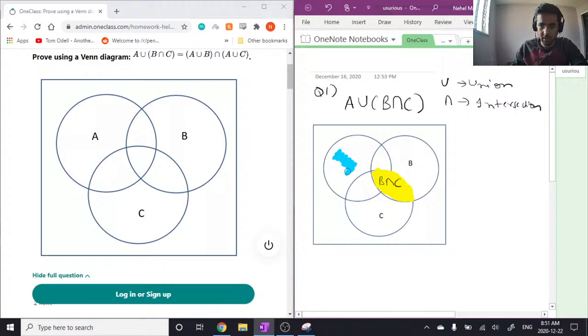So all of this, even the parts which are not exclusive to A and are shared, will also be highlighted because, again, they're part of the overall set A. So what I've highlighted is all of A.